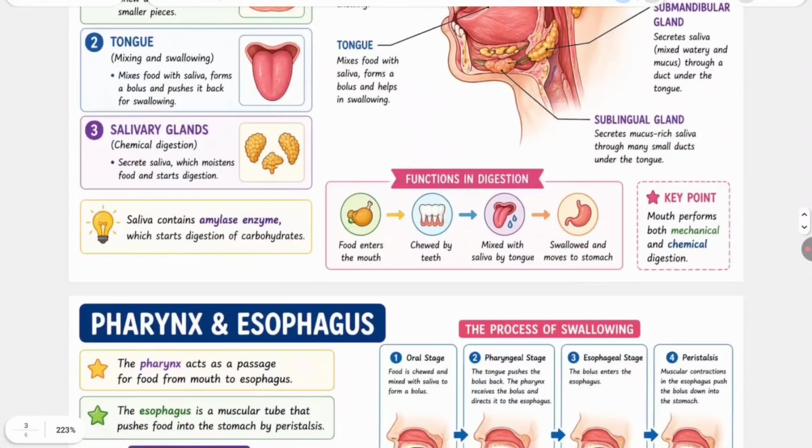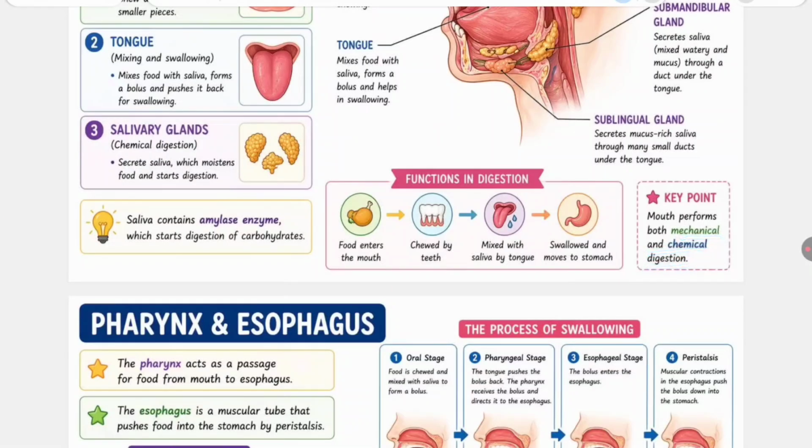Okay, next you can see the functions in digestion. Food enters the mouth, is chewed by the teeth, mixed with saliva by the tongue, swallowed, and moves to the stomach. This is the whole process. Key points: the mouth performs both mechanical and chemical digestion.